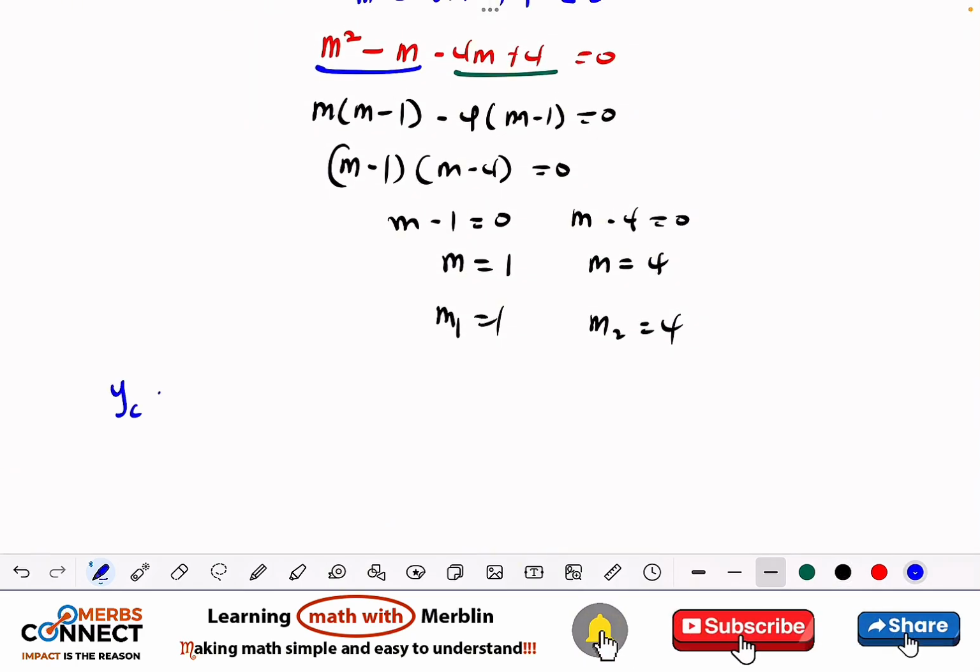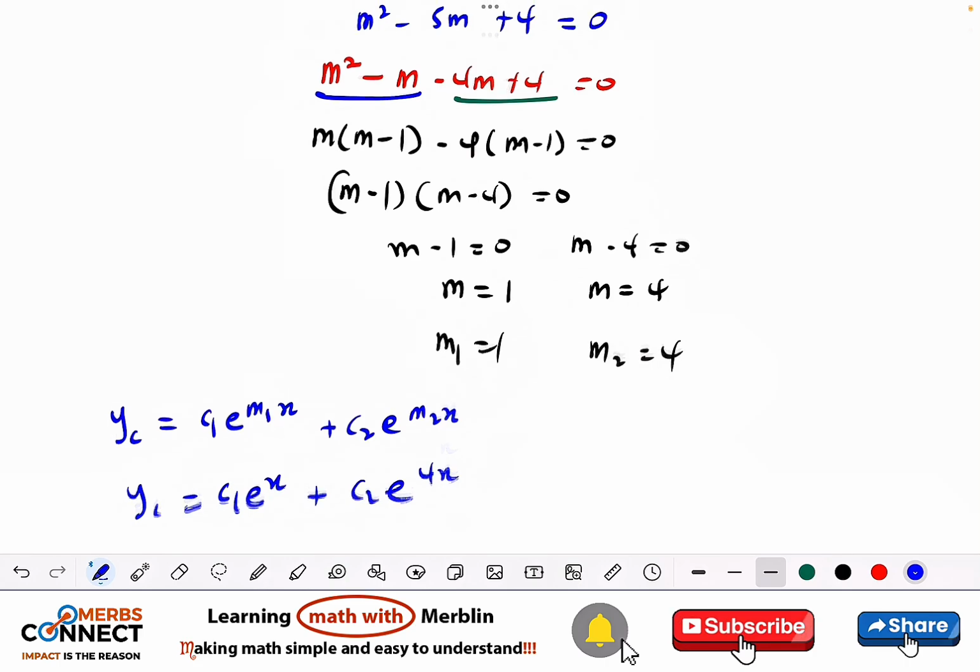The complementary solution is going to be c1 e to the power m1 x plus c2 e to the power m2 x. So this is going to give us c1 e to the power x plus c2 e to the power 4x. So that's what you're going to get.